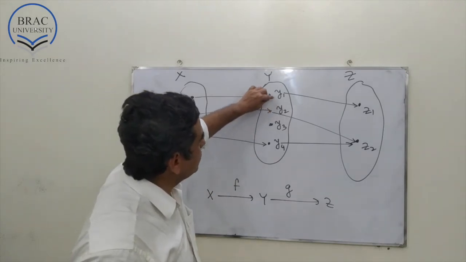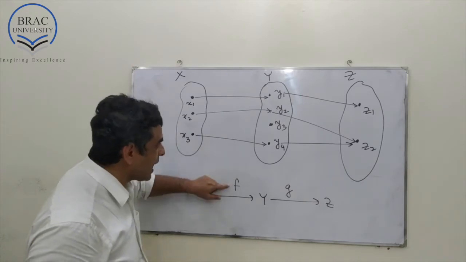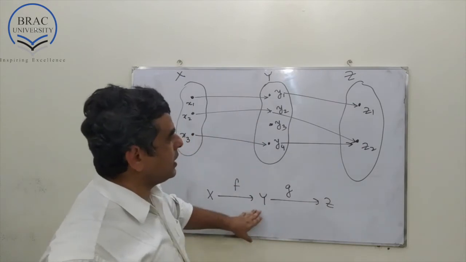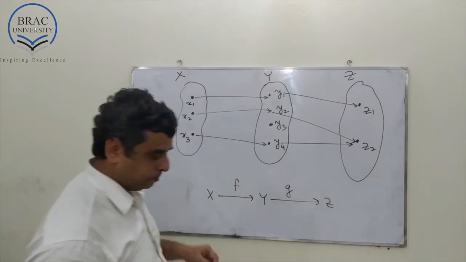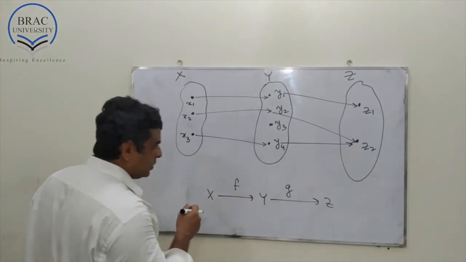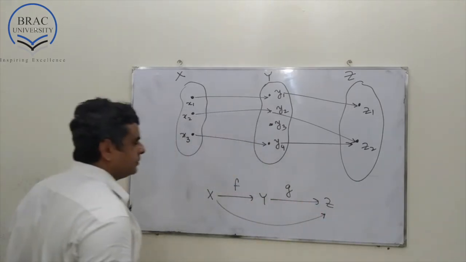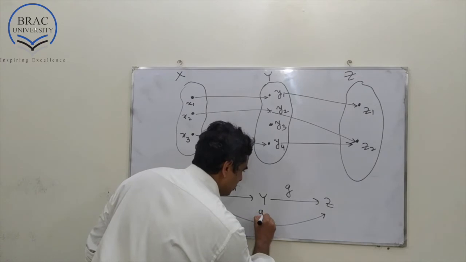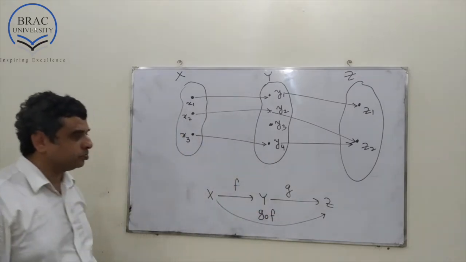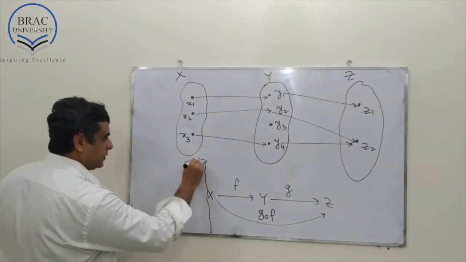Y is the codomain of the function f, and Y is also the domain of the function g. So what will be this function g circle f? Let me draw it here.